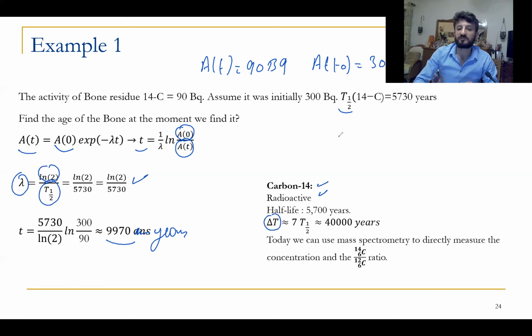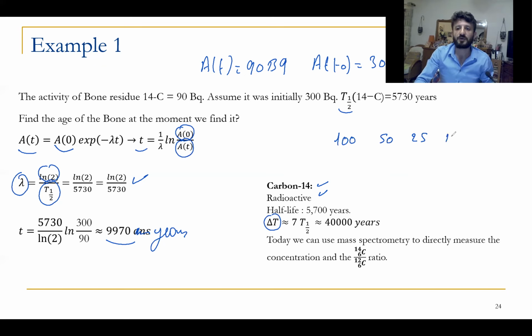Why? Because in general, for example, if we have 100 atoms of carbon initially, after one half-time we get, for example, 50. After another half-time, we get 25.